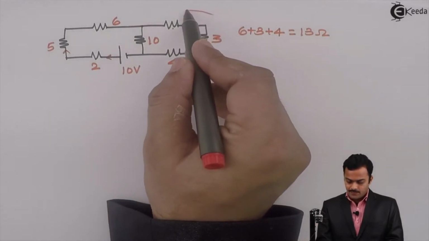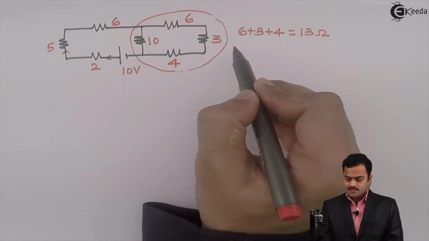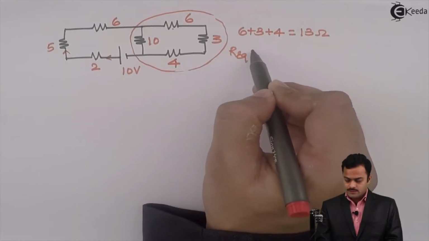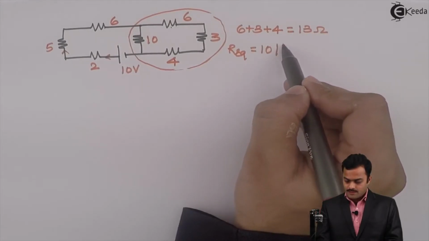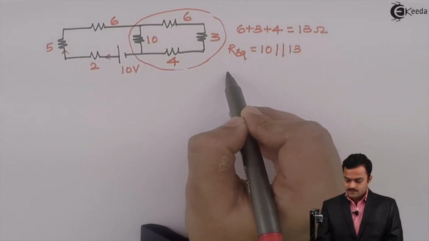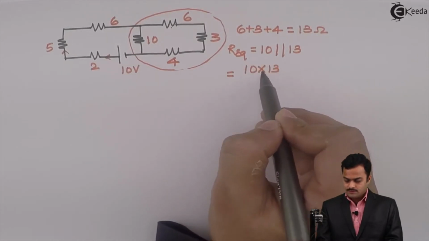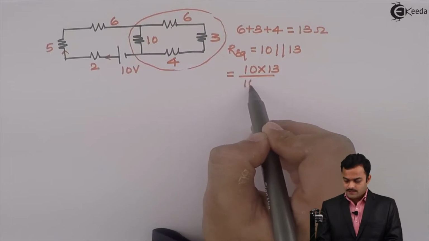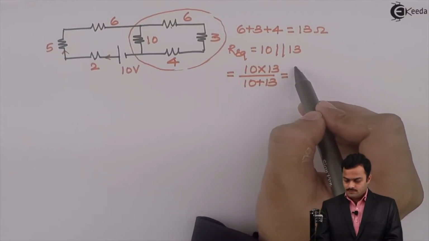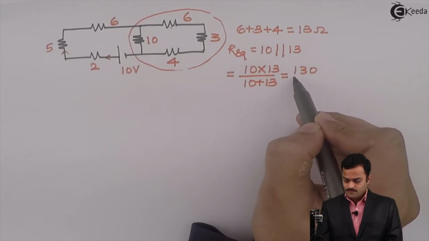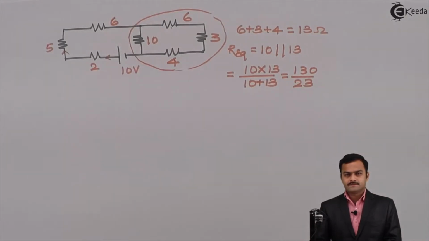So this entire part of the circuit can be reduced into one resistance, which is R equivalent, given by 10 parallel 13. So answer I will get is 10 multiplied by 13 divided by 10 plus 13 equals 130 divided by 23.